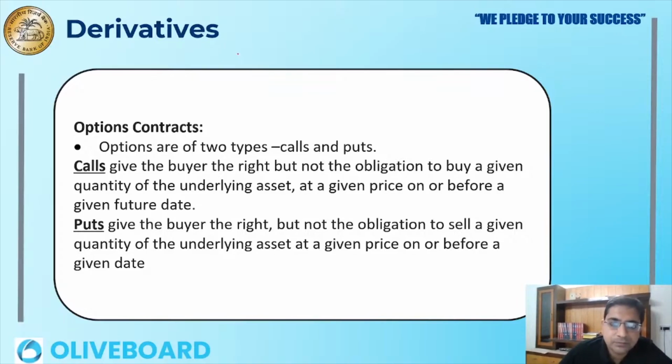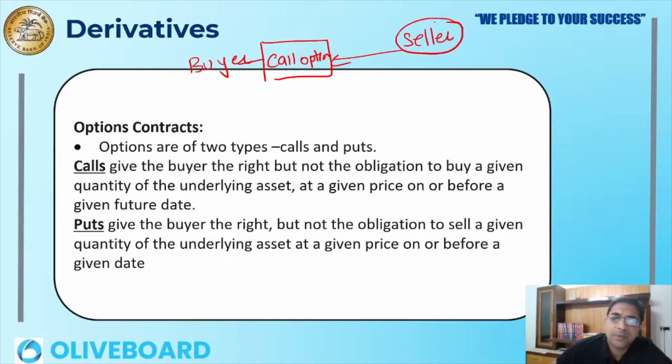That means if I am the buyer of a call option, and one person is the seller, I can utilize that call option or I cannot. Since I have bought it, I may utilize it or I may not. I don't have an obligation.